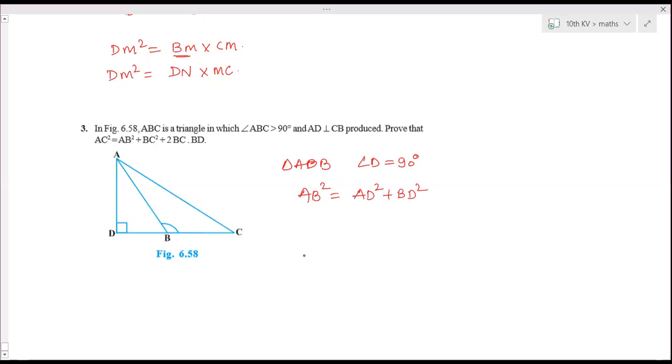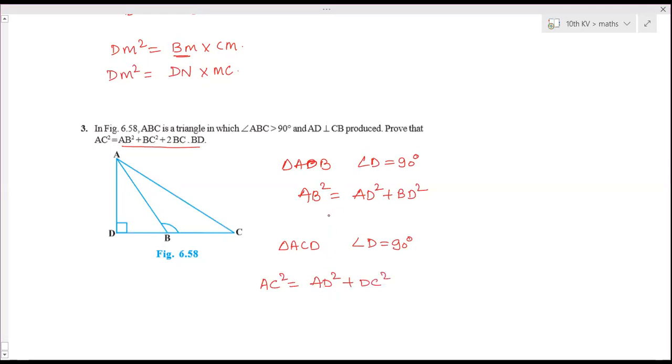Call this equation 1. Keep some space. We may need to make some change because we don't have AD square anywhere, so we need to substitute the AD value. Now in triangle ACD, angle D is equal to 90 degrees. So therefore AC square is equal to AD square plus CD square.